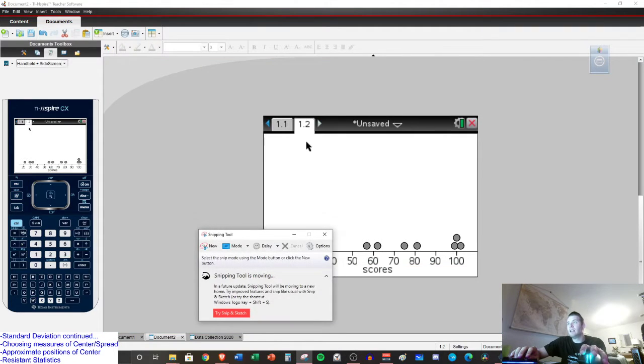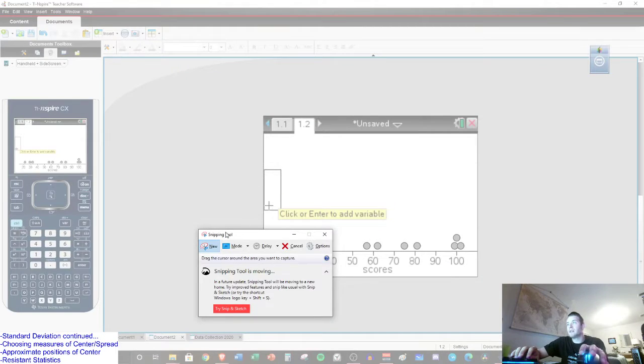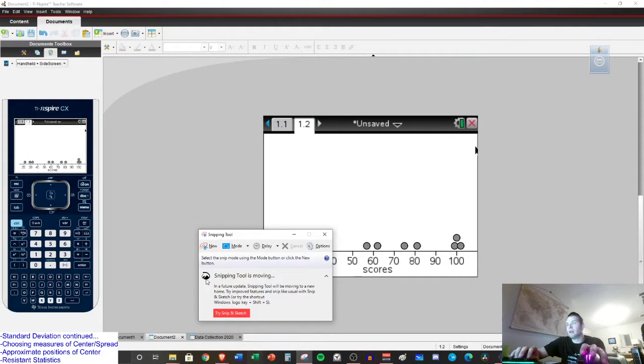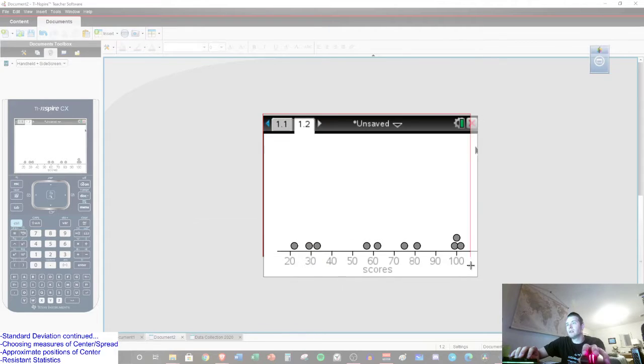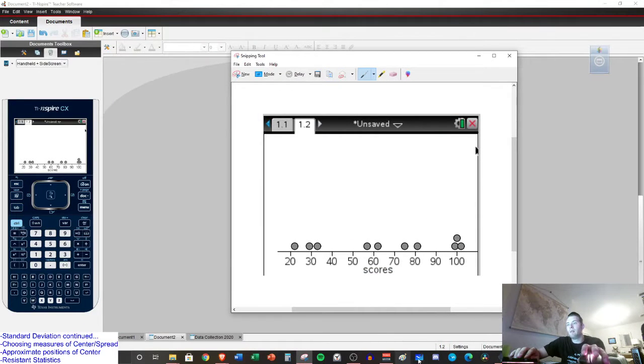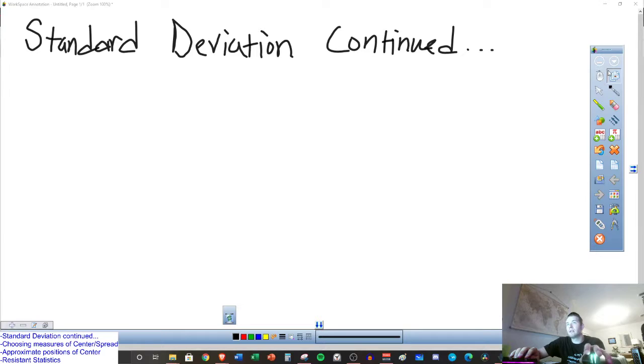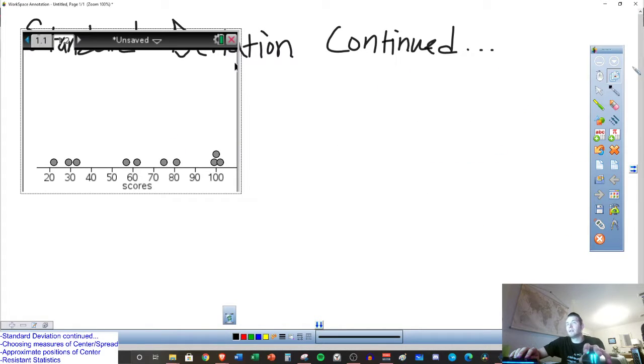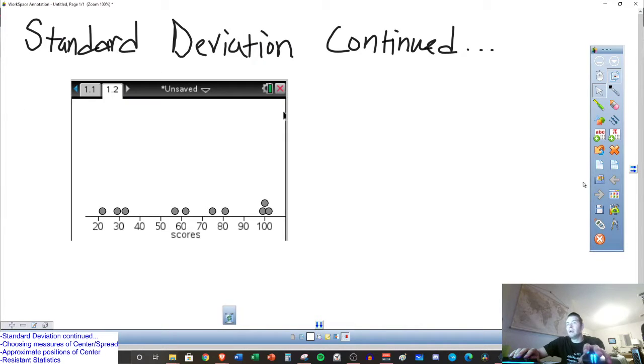If I take a screenshot of this and put it on my graph, let's paste that. So there's the graph. If I drew a line, I'll make it blue, and I want it to go through 66 here. This is X bar, right?